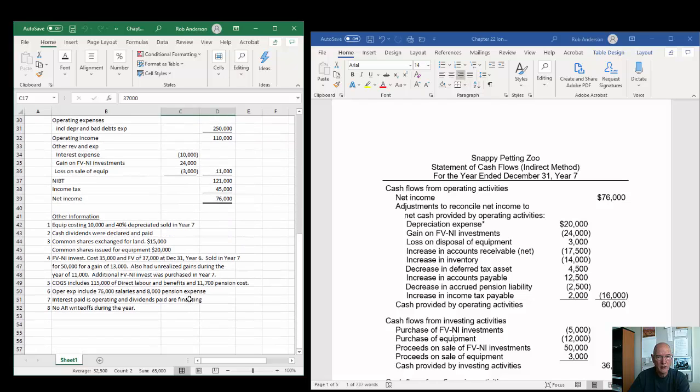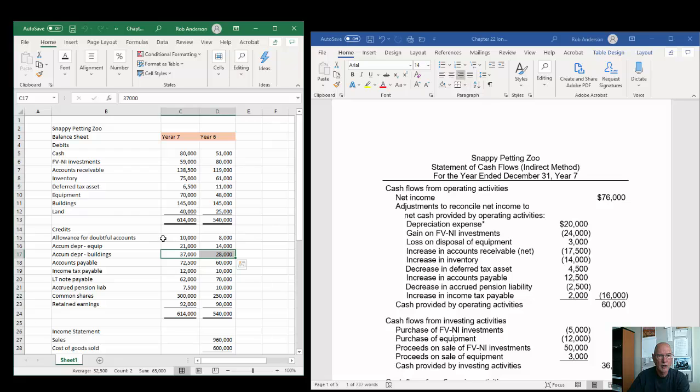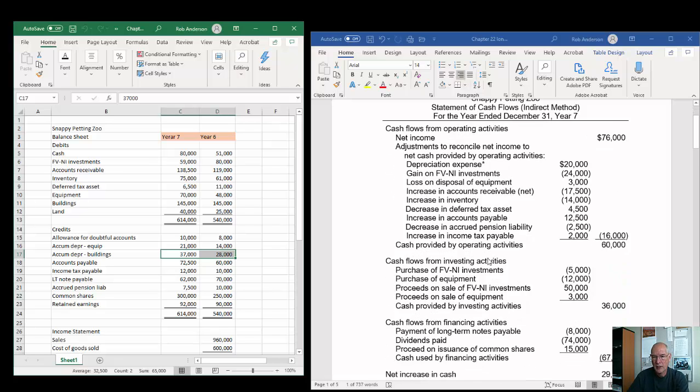If we look down here, we sold equipment, and we probably bought equipment too. So let's look at our equipment account. Where is it here? Our equipment went up. So notice equipment is higher, but we sold some. So obviously we bought some as well. So anyway, we're going to start with depreciation, get back on track here. We'll figure out depreciation, and then we'll get to equipment later.